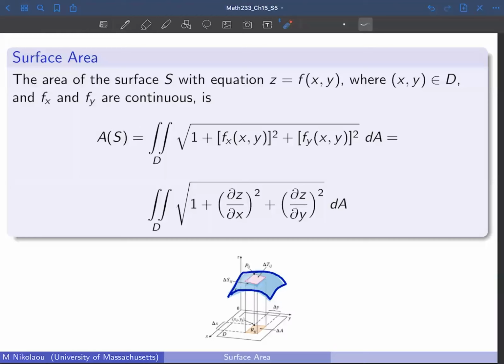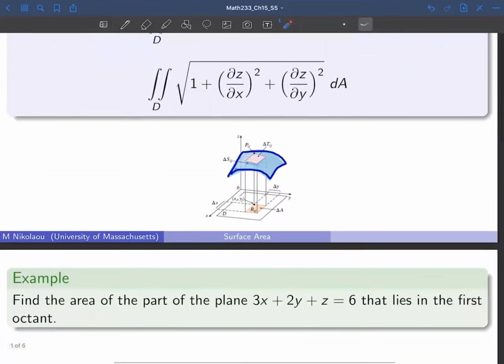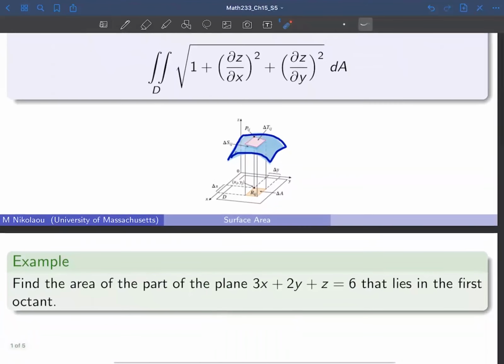Let us see an example on how we can find the area of a surface. Suppose that we have this equation of the plane 3x plus 2y plus z equals 6, and we want to find the area of the part of that plane that lies in the first octant.